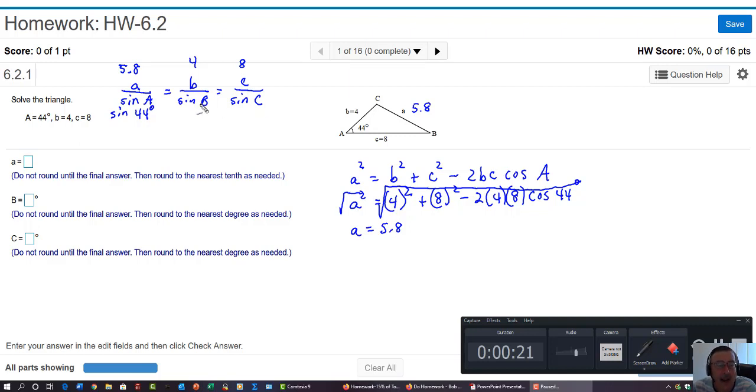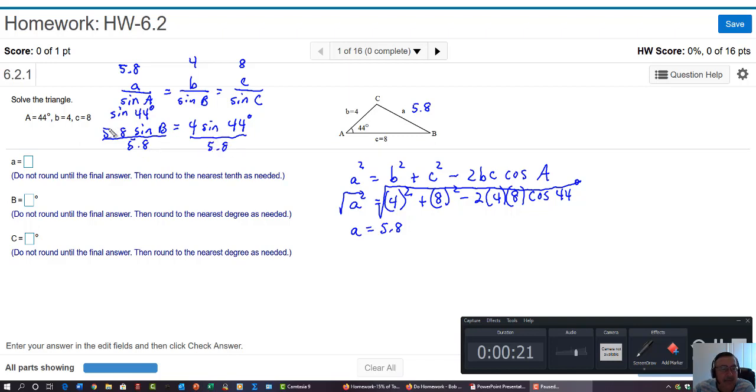I think I'll go after angle B next by cross multiplying, setting those equal. So we'll say 5.8 times the sine of angle B equals 4, and this should be review from our previous lessons, times the sine of 44 degrees. Divide both sides by 5.8.